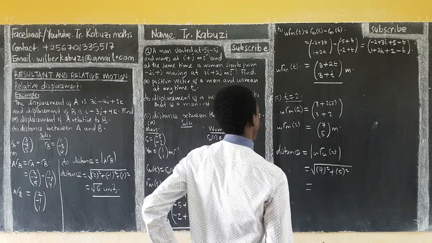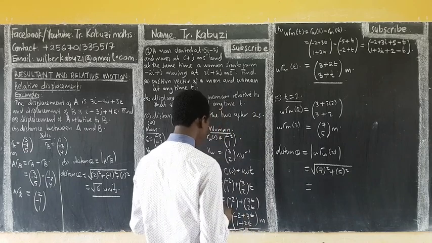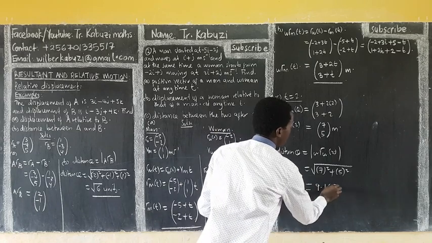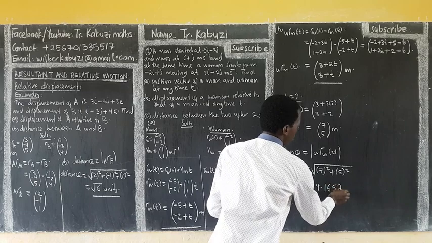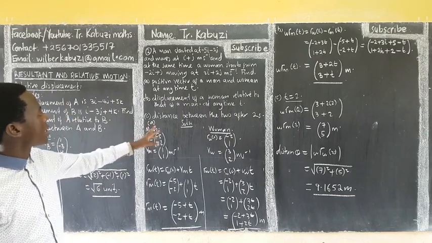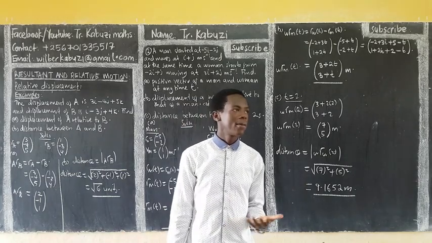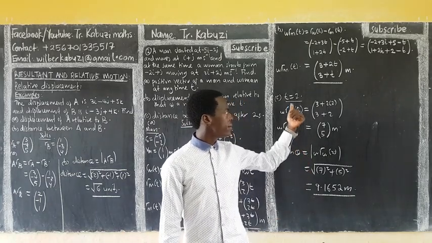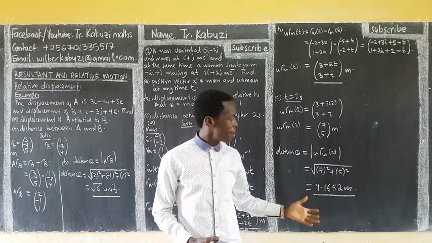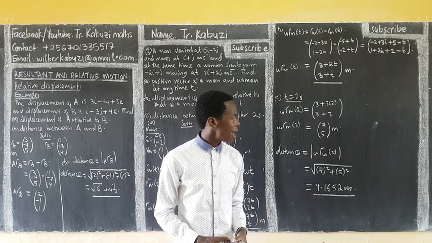That will be 49 plus 25, 74, very close, 8.6023 meters. So that's the distance between the two after 2 seconds. Now, this question, because they are the starting questions, they have set the time as 2 seconds. But if they don't give me the time, we are going to see how you get the time yourself. Okay, so that's it. I wish you well.